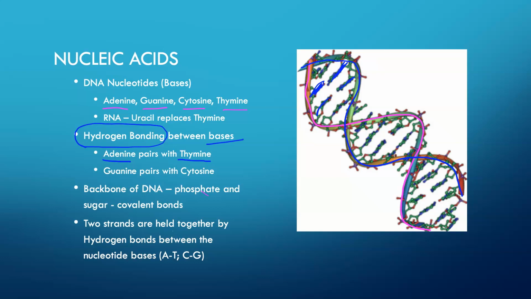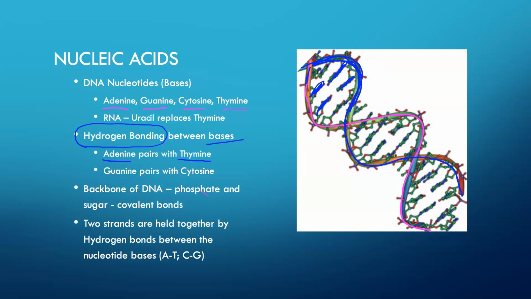Now, we know that there's three components of a nucleotide. There's a phosphate, we looked at that, and there's a sugar, and then there's the base that's holding it together. Now, when we say the backbone of DNA, what we're talking about is this ribbon that I showed you. So that's what we mean by the backbone. So we know that it's the bases that are in the middle that are holding the two strands together.